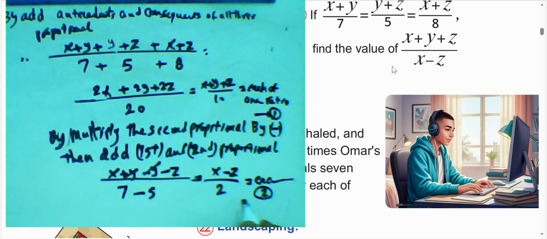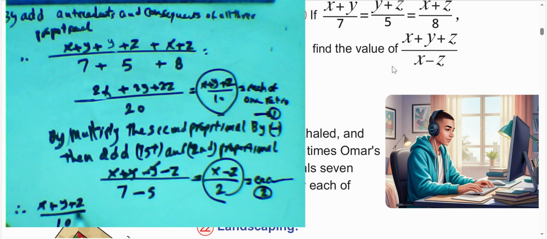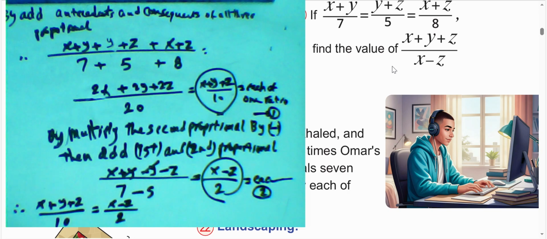Relations 1 and 2 are equivalent. So x plus y plus z divided by 10 will be equal to x minus z over 2. Then x plus y plus z over 5 equals x minus z over 1.